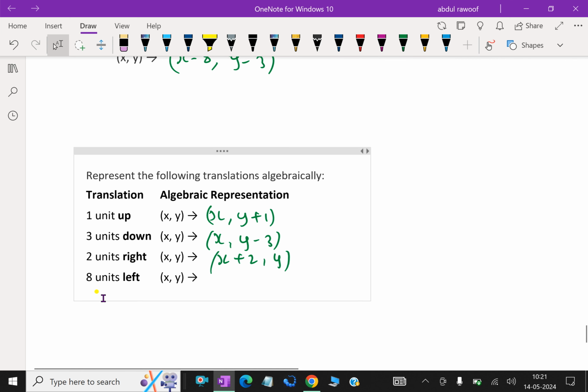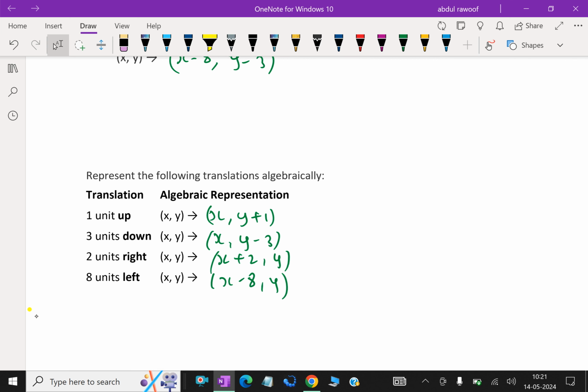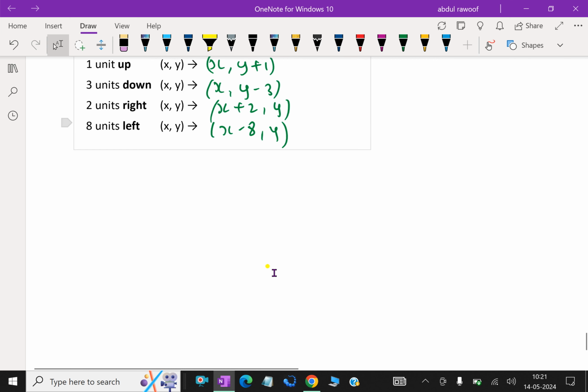Then 8 units left: x - 8 and y stays y itself.